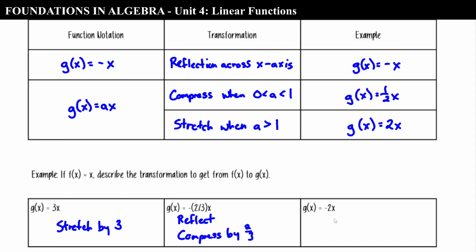All right, for the third example, the negative tells us that we reflect. And again, this is across the x-axis. And then we have a stretch of 2, or by 2.